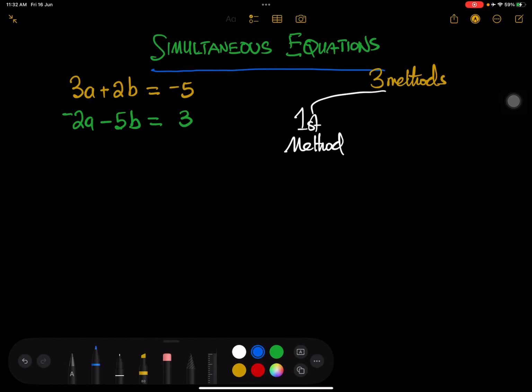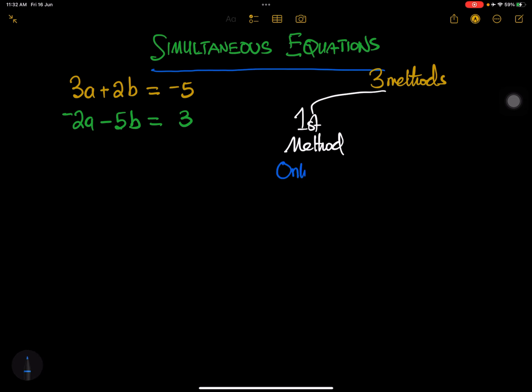In this equation, you have a as a variable and b as a variable. So it means that we can use the first method to solve this problem.